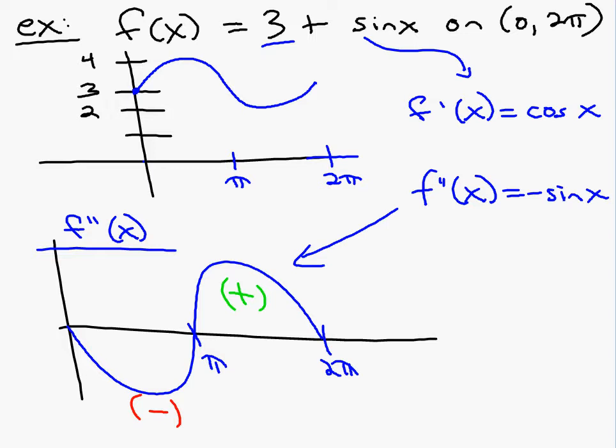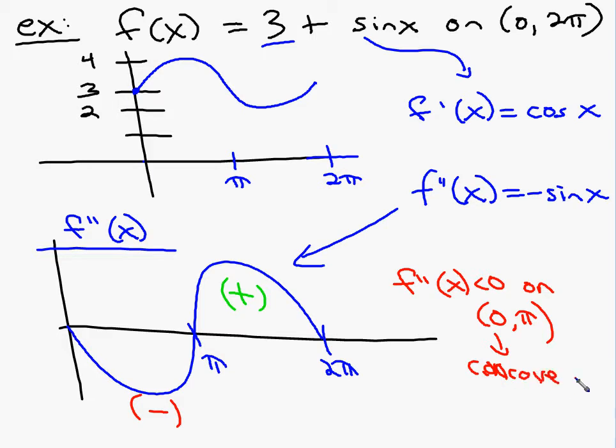It is negative, f double prime is negative, from 0 to pi. So if it's negative, what is it? Concave up or concave down? Concave down. So it is concave down.